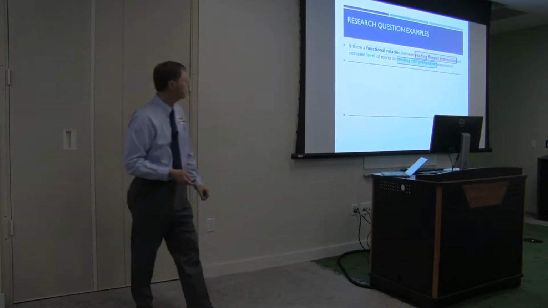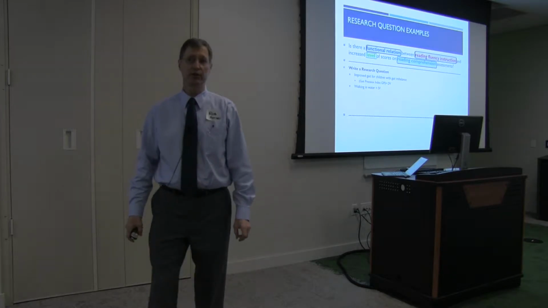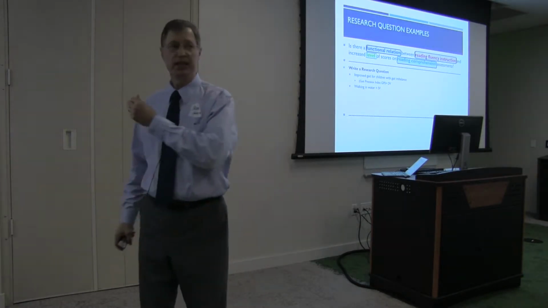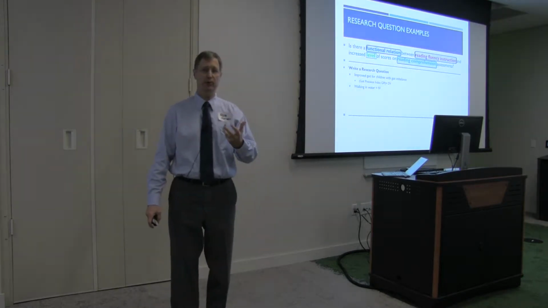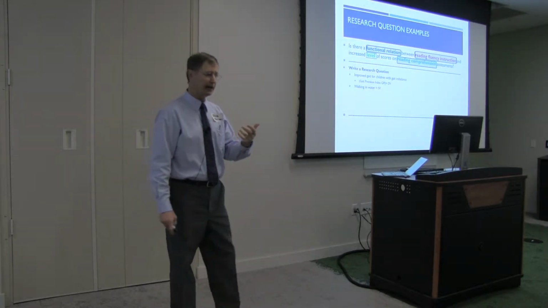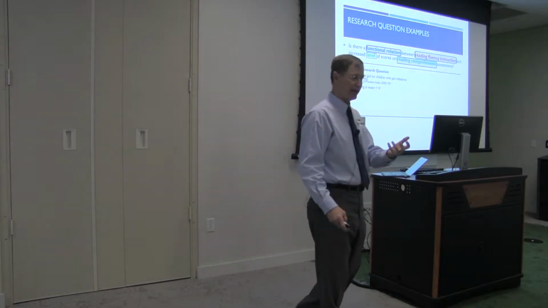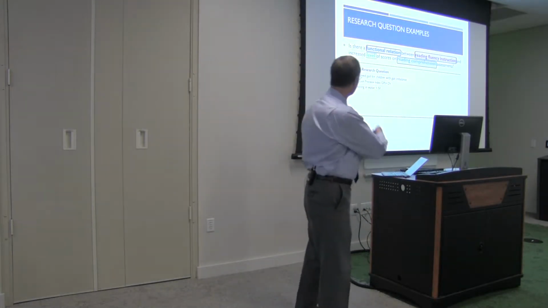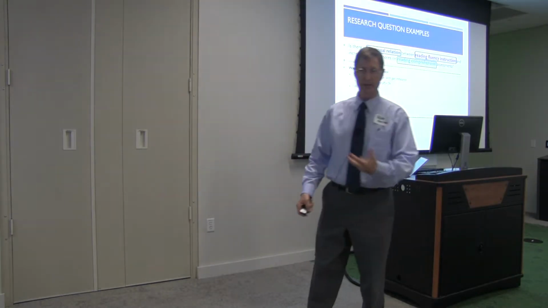Here's your task. I want you to write a research question. Here's the problem. We are going to deal with kids who have had traumatic brain injury and have lost the ability to walk with a proper gait. So we've got kids with gait imbalance, and they're having difficulty walking.